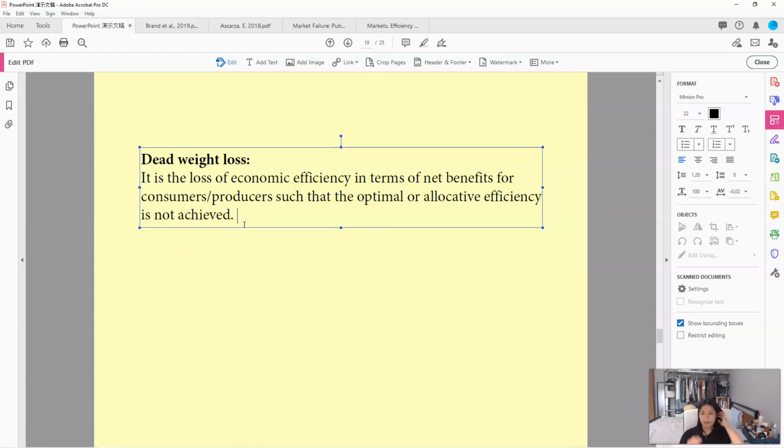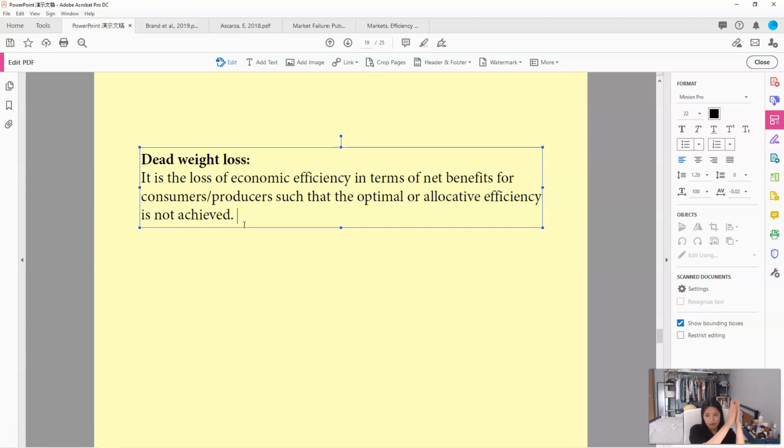For example, at this point, I achieve the market efficiency. So when I achieve the market efficiency, that would be a market net benefit, right?